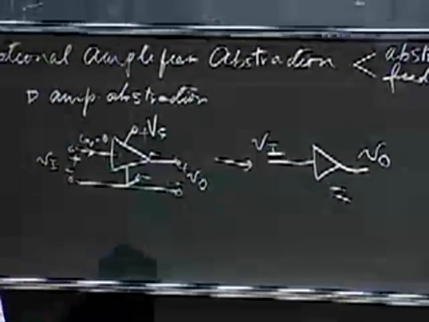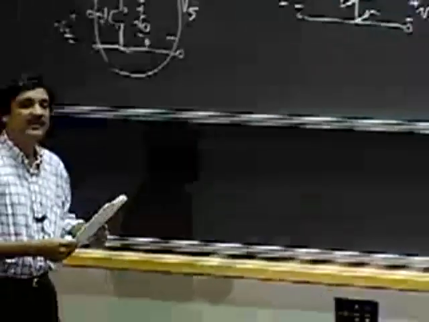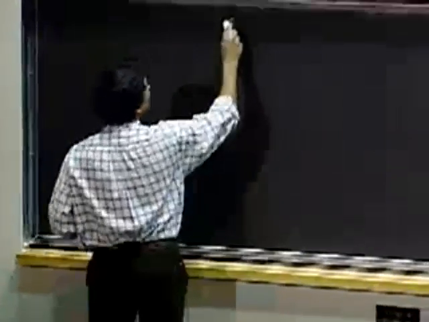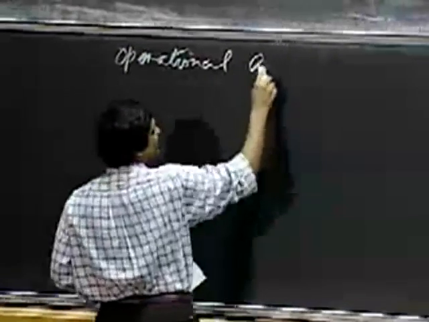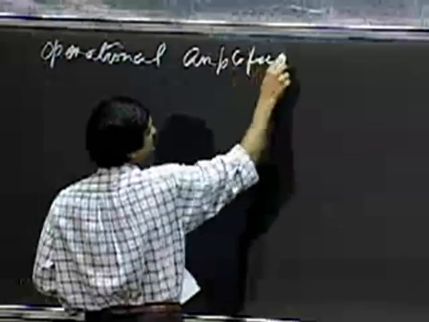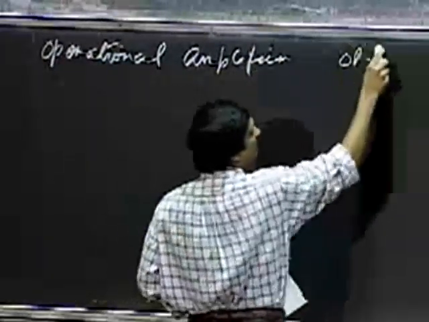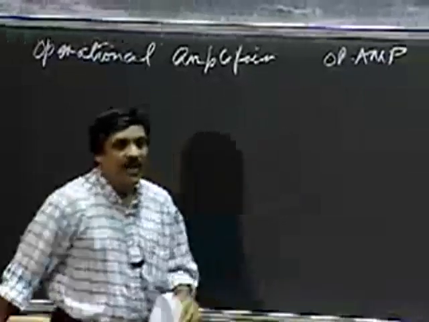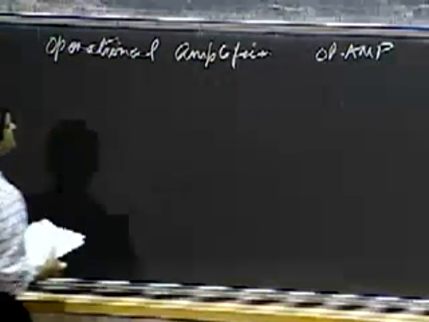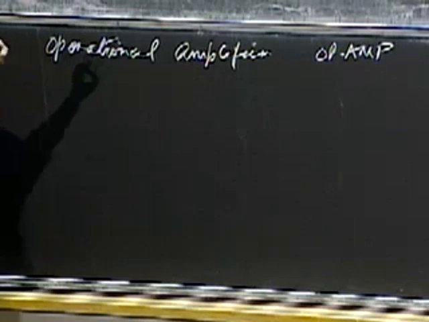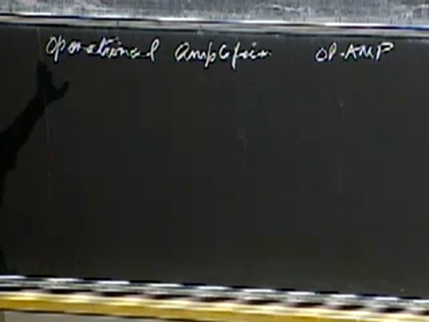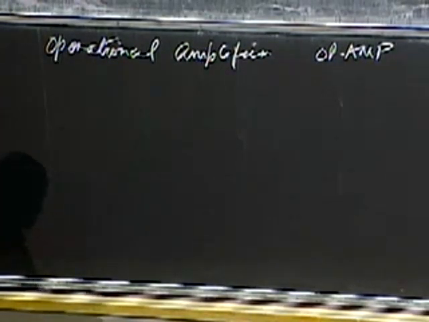So today, what we'll do is introduce a powerful abstraction of a type of amplifier. And this is called the operational amplifier, okay, or op-amp for short. So what I'm going to do is give you a slightly more involved building block than the one I've shown you there, but suffice it to say that the idea is going to be the same.